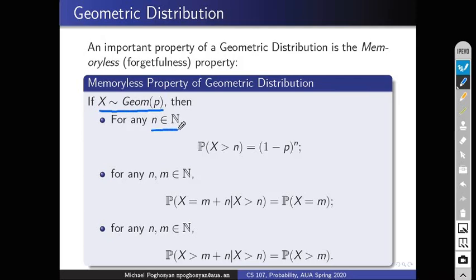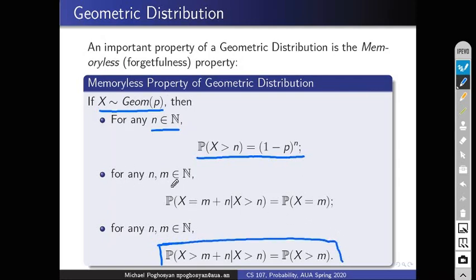For any natural number n, the probability that X is larger than n is (1 minus P) to the n. So this is not the memoryless property. These two are the memoryless property, and more frequently this is called the memoryless property.